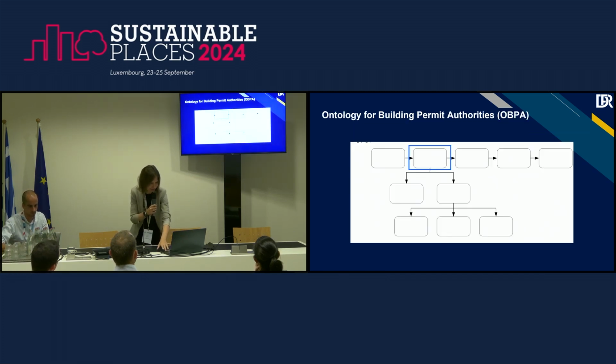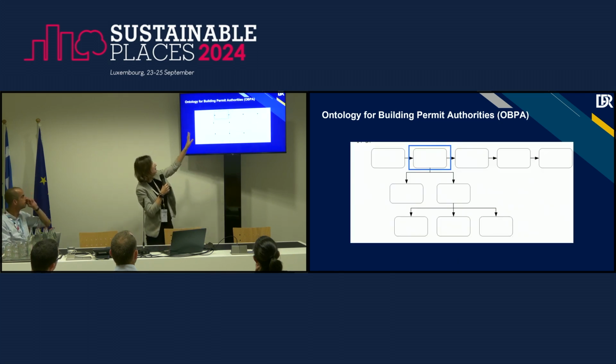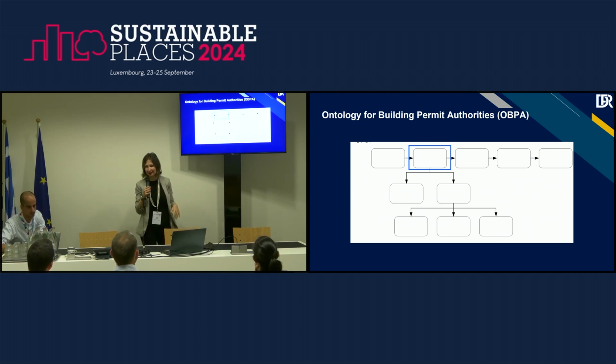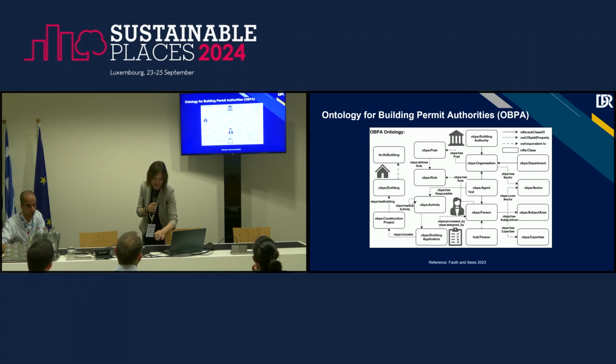Then there's the OPPA, which is the ontology for building permit authorities. In this little box, that should actually be the assignment: which officer is suitable for a specific building application.